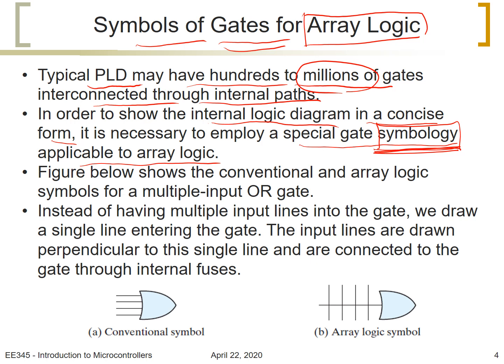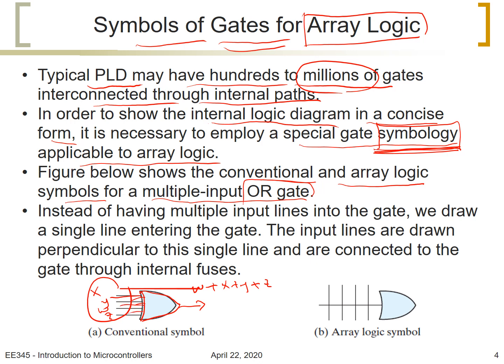The figure below shows the conventional and the array logic symbols for a multiple input OR gate. We are used to drawing the OR gate with this shape here, where we are ORing variables W, X, Y, Z, etc. And this will be the output, which is W or X or Y or Z, etc. However, when the number of inputs is very, very large, we cannot put here 100 or 1000 or 1 million lines in parallel.